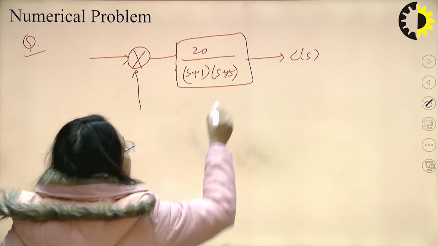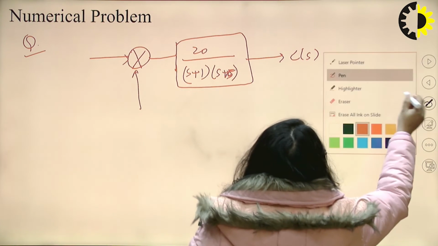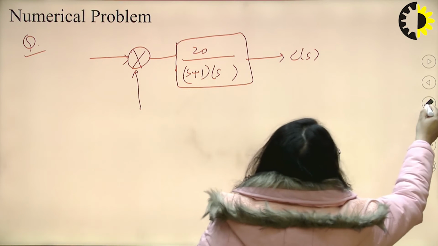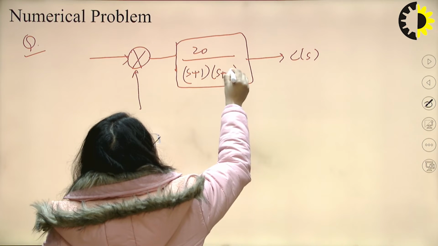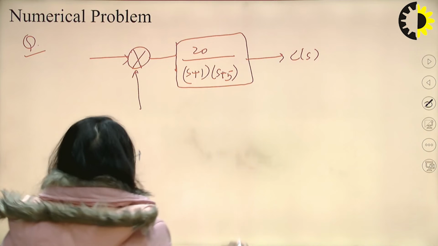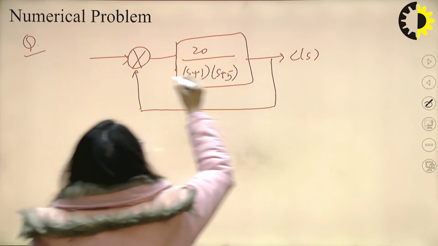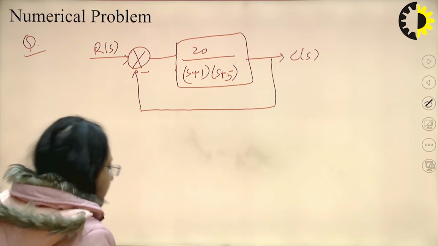So this is the question, 20 upon (s plus 1)(s plus 5). This is again a unity feedback control system, where R(s) is the input applied to the system and C(s) is the output.